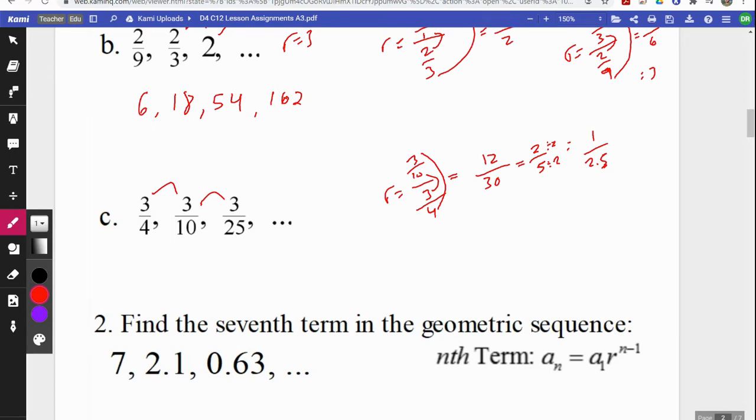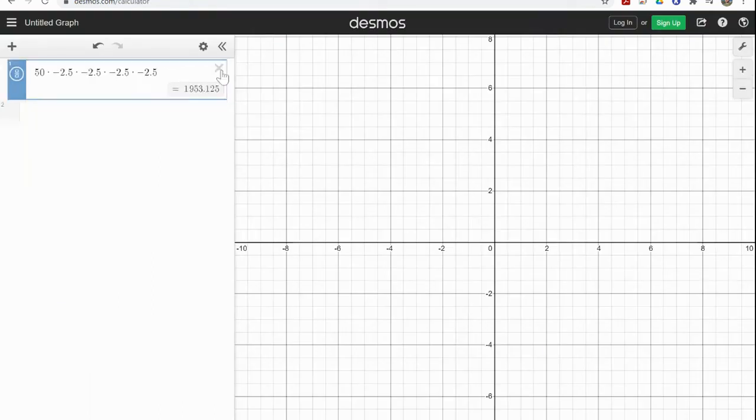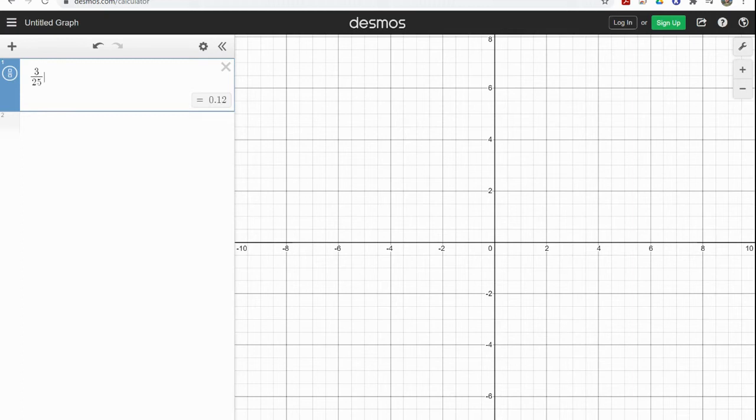So you could continue on. With 2.5, you're going to start getting some decimals in the denominators. That's why it's kind of like, well, do we really want to maintain the 3 on top or not? 3/25 times 1/2.5. It's automatically going to give us a decimal here.